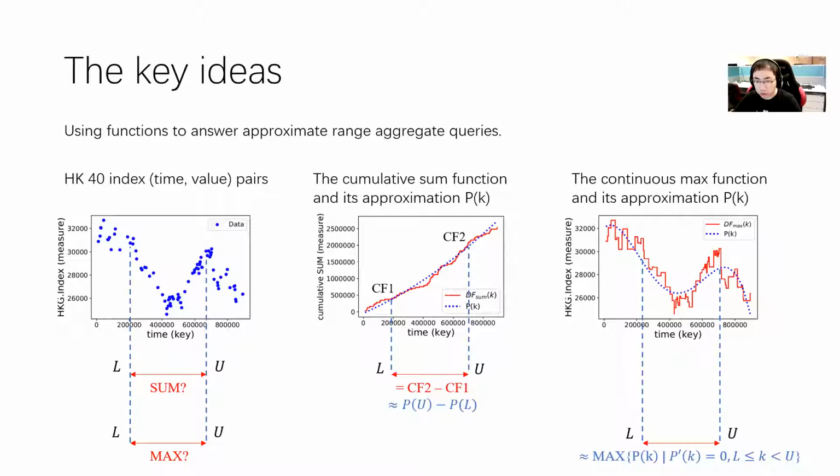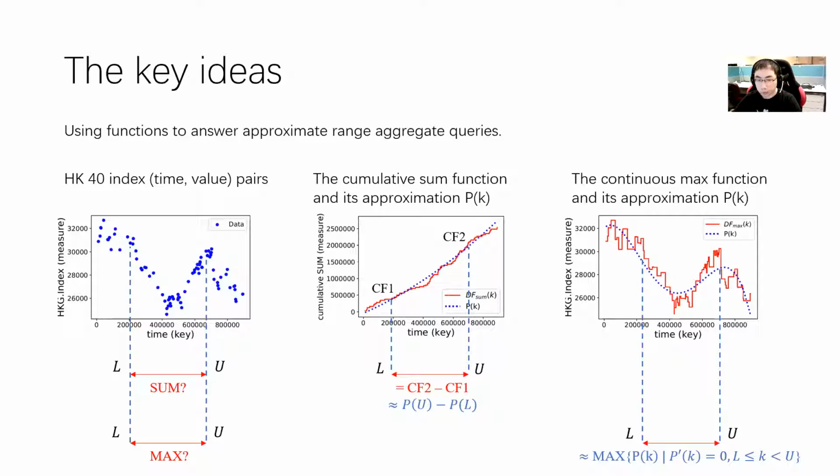To improve the efficiency, we want to use a much less complex function to approximate the original piecewise cumulative function. Here, the red line is the generated cumulative sum function, and the blue dashed line PK represents the approximation of it. Then we could use the approximation function P to retrieve a similar result, but it will be much faster.